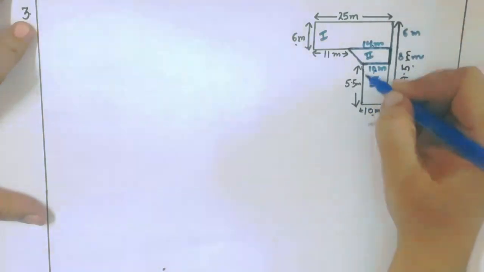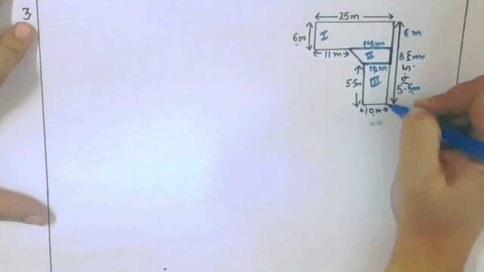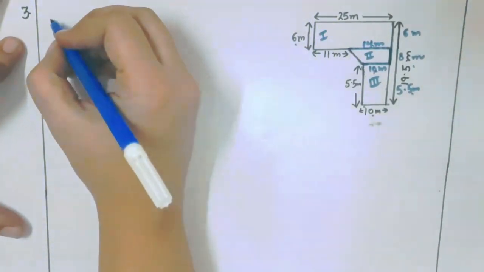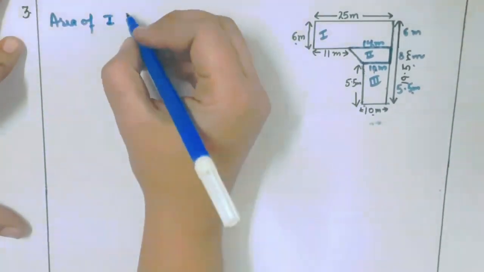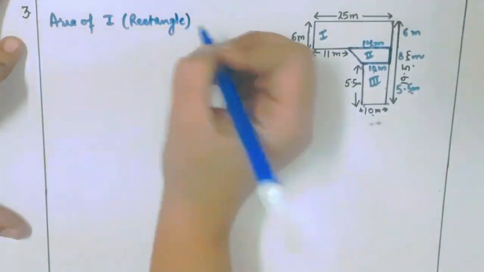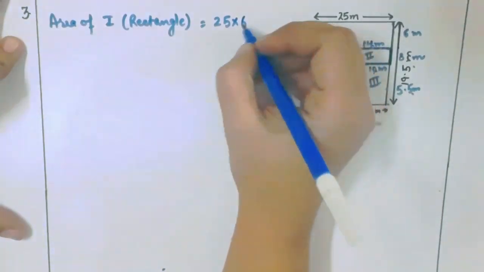Now third figure, it is also a rectangle. In this we know the length and breadth. So now we have to find out the area of these three figures. Area of first figure, that is rectangle. We know the length and breadth of rectangle, that is 25 into 6.